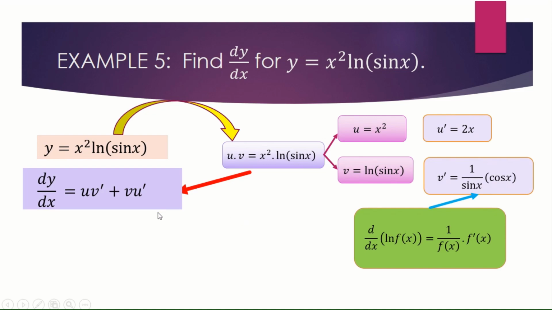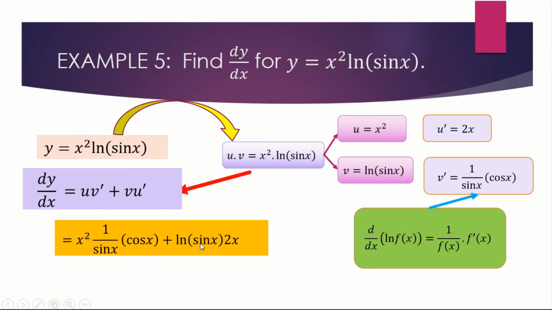Now we need to use the product rule because y is a product between two functions. So we use u v prime plus v u prime. After that, we substitute the values for u, v, u prime, and so on. Therefore, u is x squared, v prime is 1 over sin x multiplied with cos x, plus v is ln sin x and u prime is 2x.